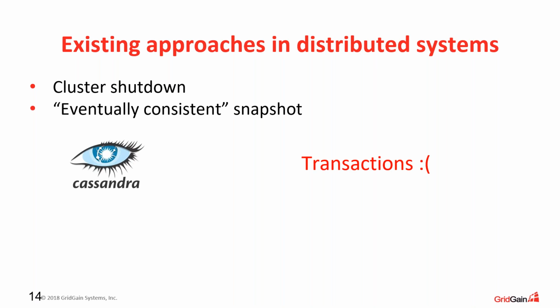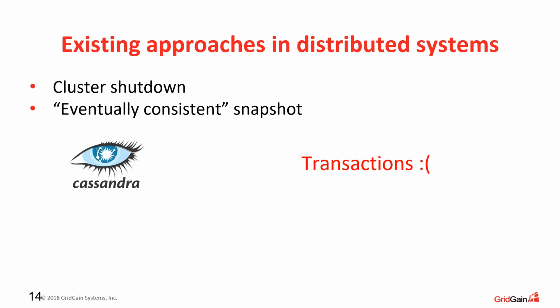Some distributed systems vendors like Apache Cassandra suggest taking an eventually consistent snapshot. I'll describe what that means. Cassandra has an internal mechanism of eventual consistency. It also stores data in several copies, and data may be different between the copies, but consistency is still not broken because Cassandra has an internal read repair mechanism.